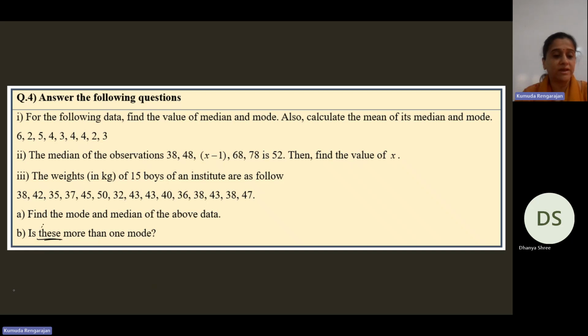Is there more than one mode? Not these. Is there more than one mode? Okay, let's answer this question. Taken the question? Okay. Subdivision 2.